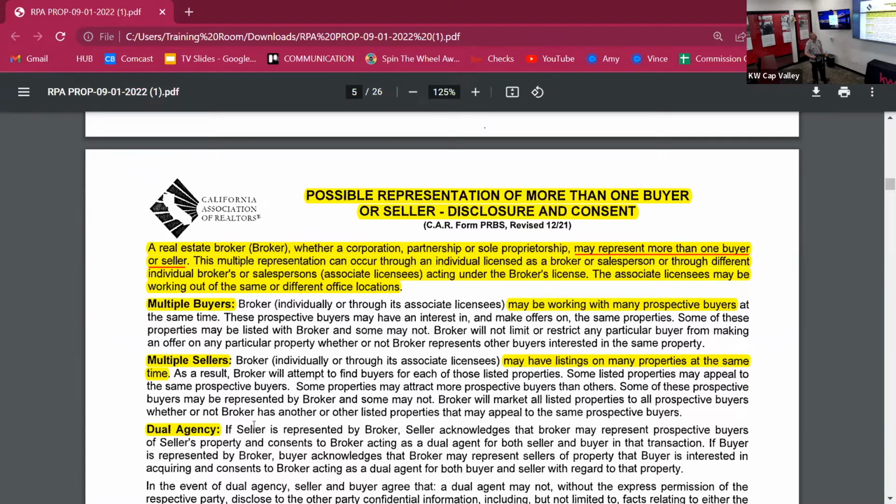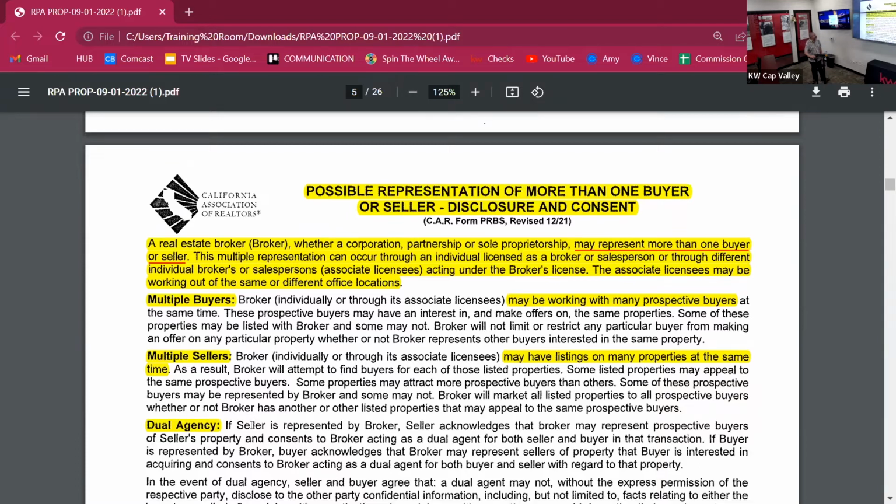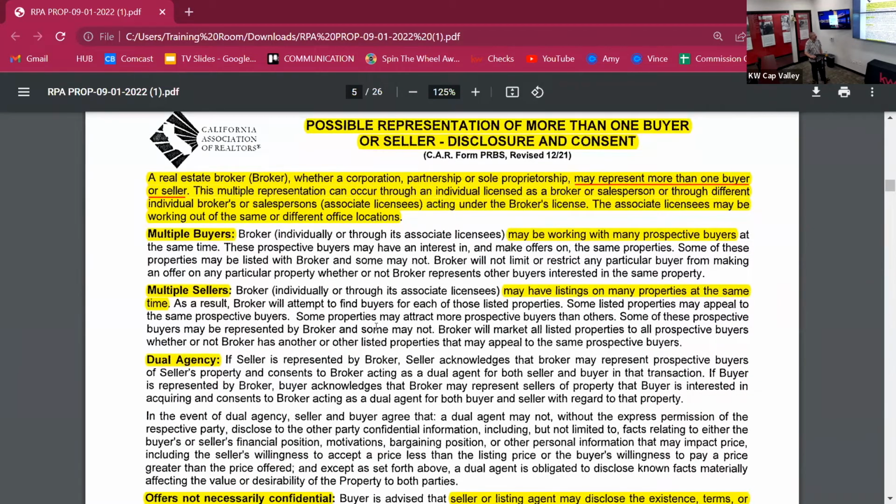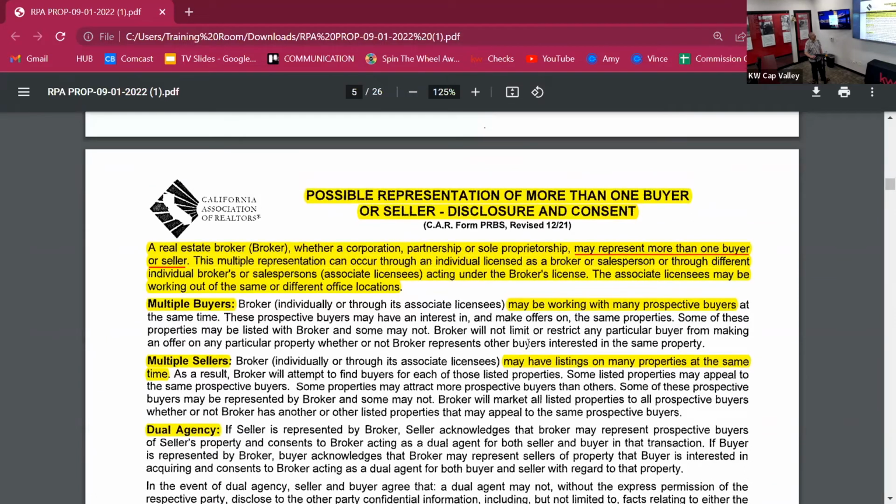It's called a Possible Representation of More Than One Buyer or Seller consent. And the most important piece of this form is just another rehash of what a pool agency is. But the main purpose of it is to tell buyers and sellers, look, we're a brokerage, we employ many agents, we work with many buyers and sellers all over the place.